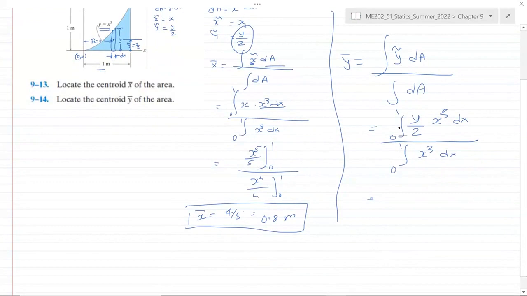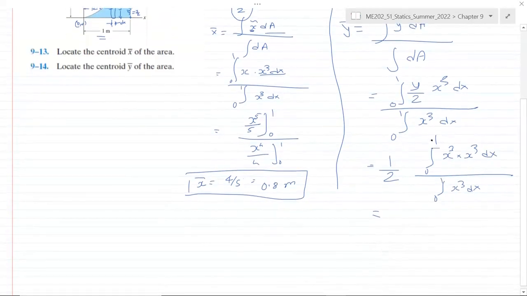However, y itself is x cube, so we will replace this y by x cube, and we can take this 1 by 2 out. Then it's integral 0 to 1 of x cube multiplied by x cube times dx. So this x cube is because we have replaced y by x cube, and 0 to 1 x cube dx.